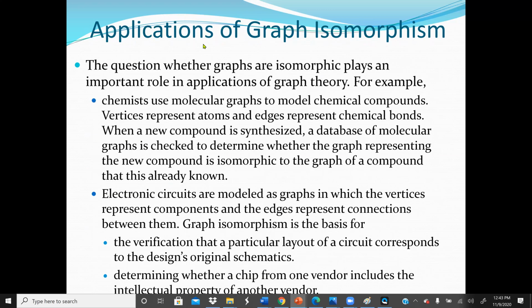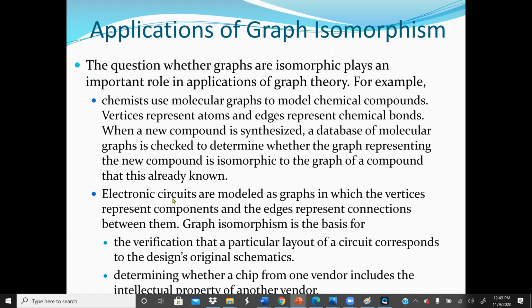So there are so many applications for graph isomorphism. Our course textbook gave us 2 examples. Chemists use molecular graphs to model chemical compounds, where vertices represent the atoms and edges represent the chemical bonds.